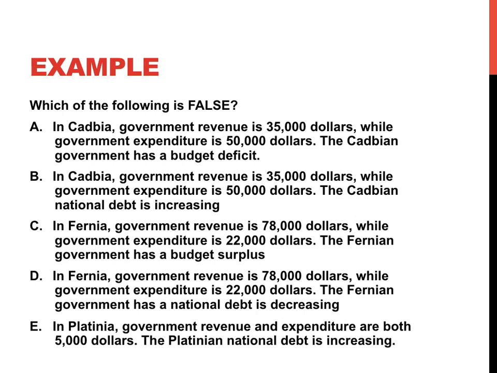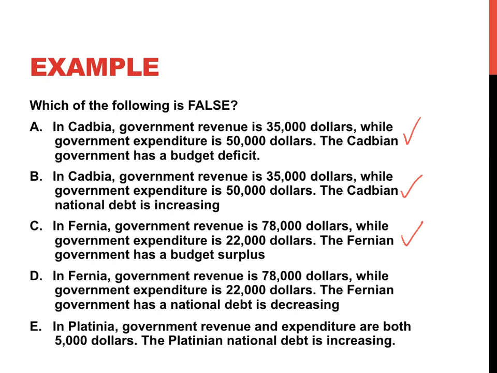Okay, so in answer choice A, the government expenditure exceeds the government revenue. So that means that the Cadbian government is running a budget deficit. And if the government is running a budget deficit, then that means that their national debt is increasing. In Fernia, revenue is greater than expenditure, so that's a budget surplus.